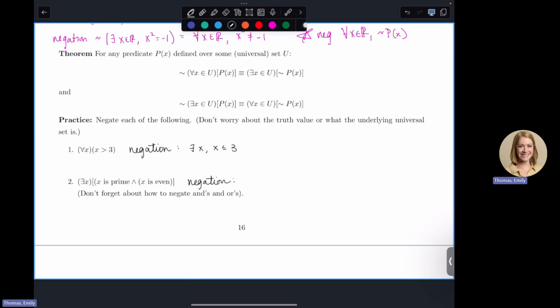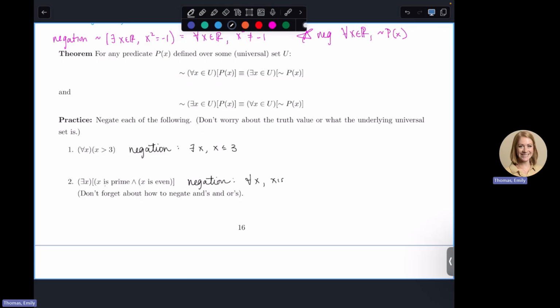How about for number 2? First things first, we want to switch that there exists to for all, right? Okay. So for all x, how do we negate an and statement? We make it an or. We negate the pieces and make it an or, right?